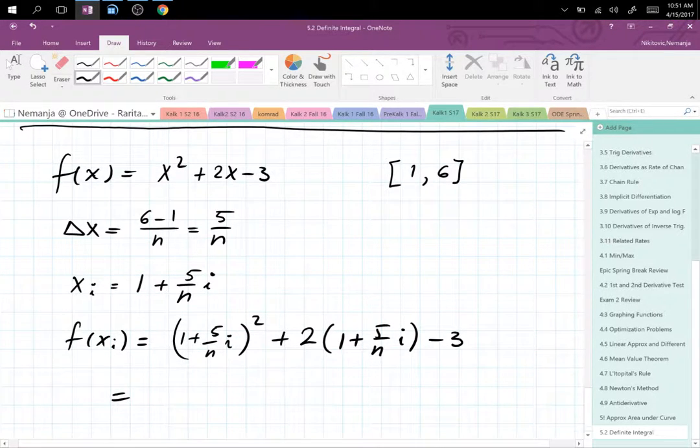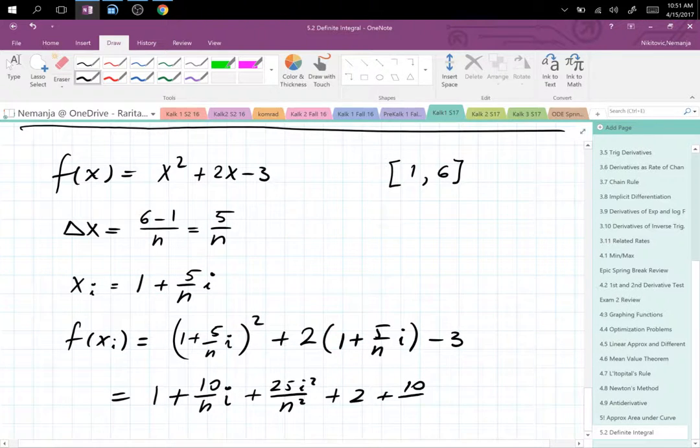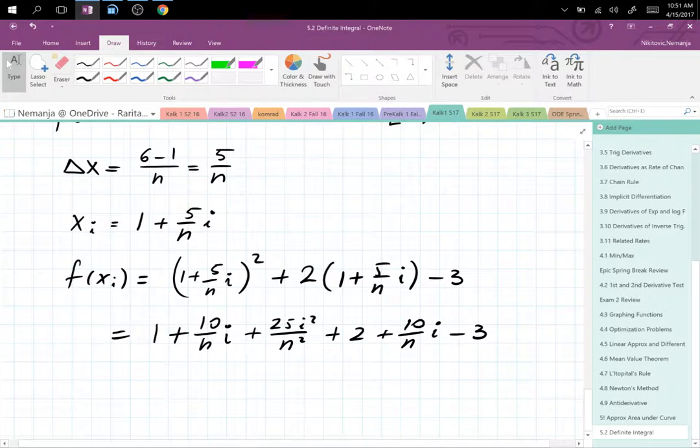So FOIL the first one. 1 plus 10 over n i plus 25 i squared over n squared plus 2 plus 10 over n i minus 3, I hope. 25 over n squared i squared.